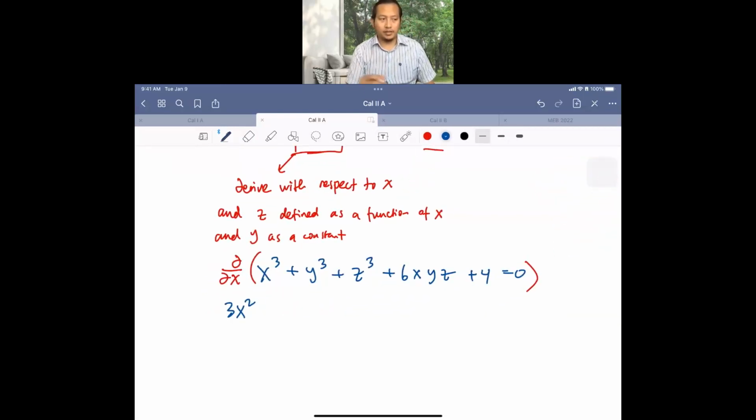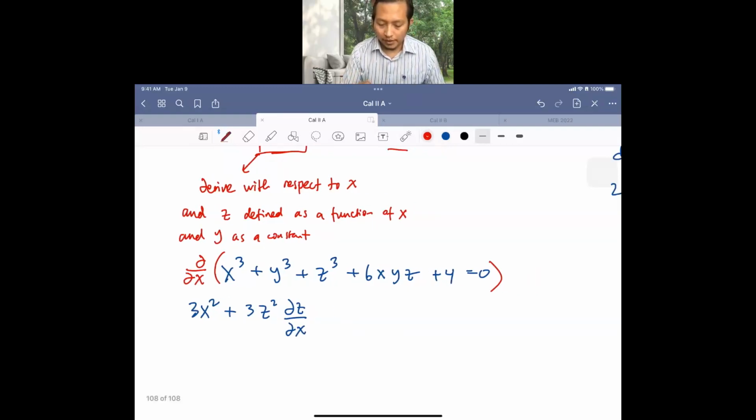For y, it's a constant, so 0. For z, it's a function of x, so we will have 3z squared and partial z over partial x.